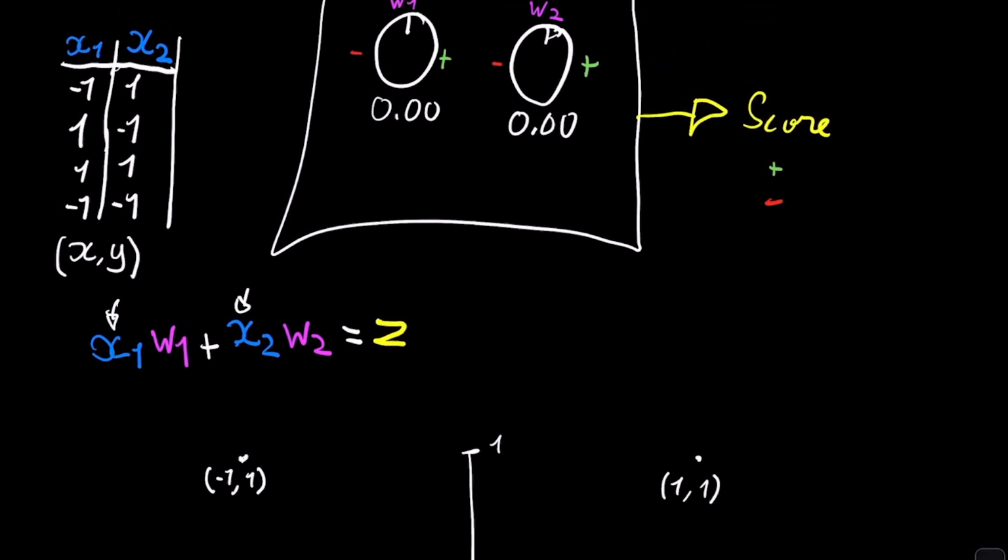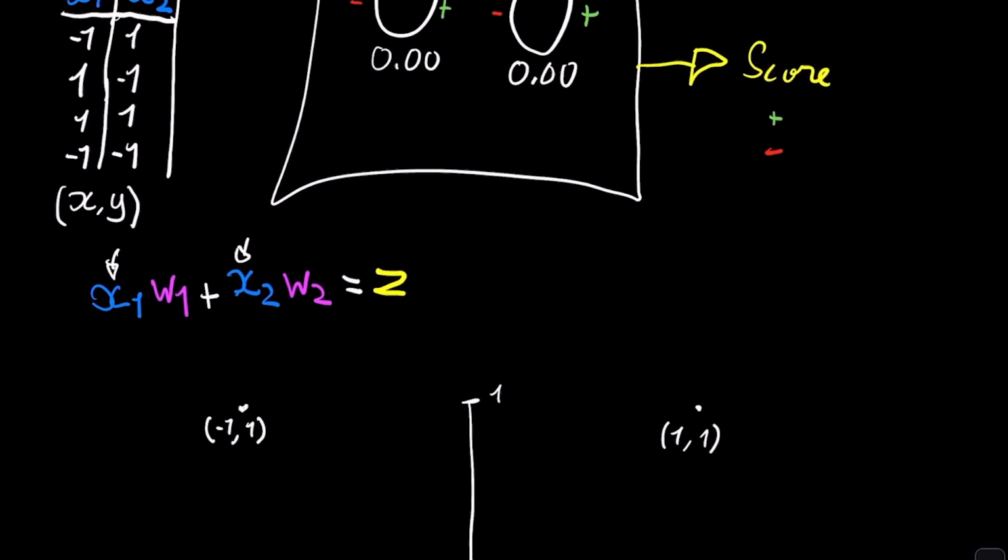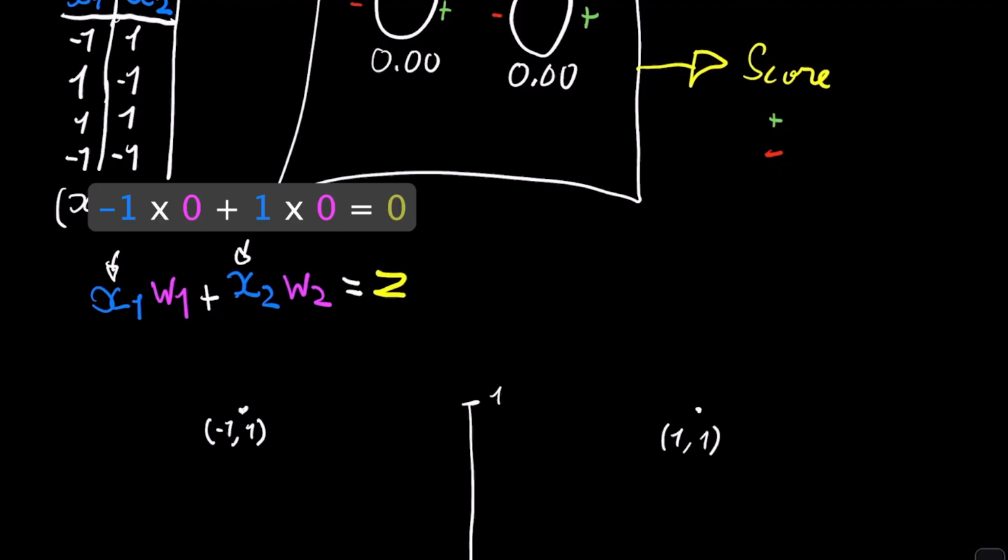So right now, if our weights are set to 0, no matter what point we throw into the formula, no matter what point we throw into our machine, essentially, it will return a score of 0, right? Like, if we were to throw in -1 and 1, so this point, and get it to try and score that, because our weights are at 0, it would essentially scale them both to 0, and our score would be 0.